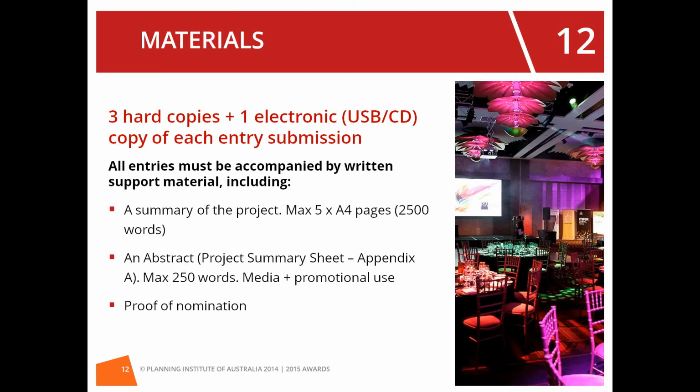That's so the judges can have a look at it, in addition to your actual written component addressing the selection criteria. Also include an electronic copy on a USB or CD. And something that's slightly different from previous years: we've always asked for an abstract, but this year we ask that you provide it in what we've termed the project summary sheet, Appendix A, which is contained on the website.